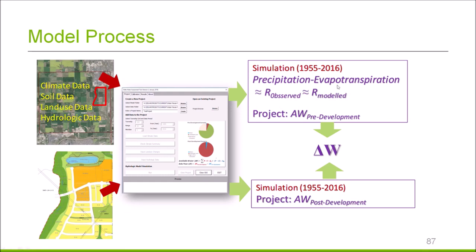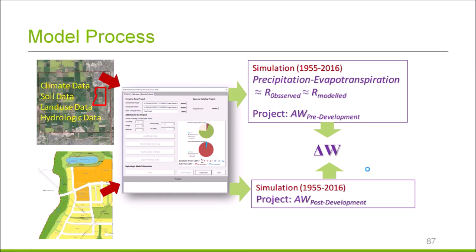Now, when you do this calibration at a township grid scale, you would be able to apply those numbers to find out what would be the available water in a pre-development scenario from that small land. And then when you have more information on that small land, you provide that information into the model and create another estimation of available water for the post-development, and the difference is the delta water.